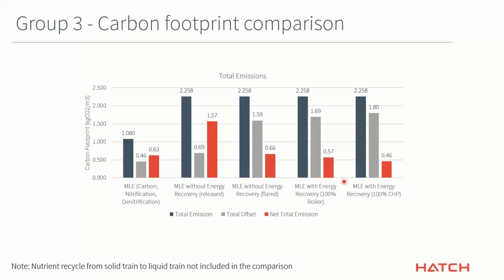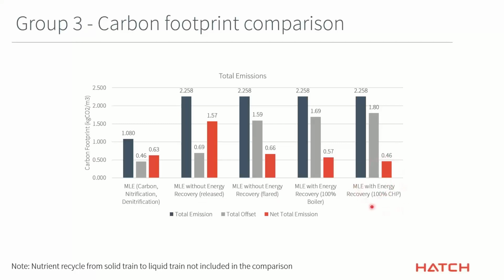So the other thing is, this is group 3 where we looked at some of the energy recovery options. And here, when we look at it, basically we can see, as I showed in the desktop demonstration as well, that as we go more towards the energy recovery, our footprint starts to keep on going down.